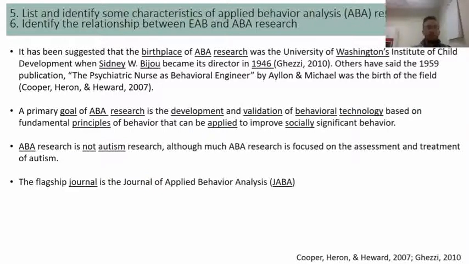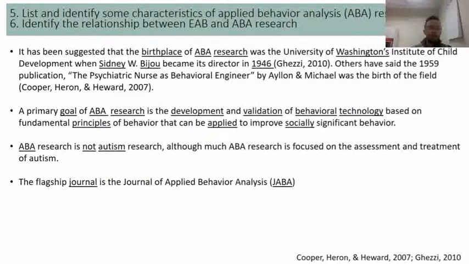And there are many other journals such as Behavior Modification or Behavioral Interventions, or the journals published by the Association for Behavior Analysis International, ABAI. So there are many journals out there that publish ABA research.